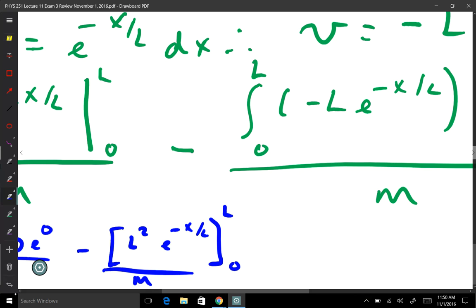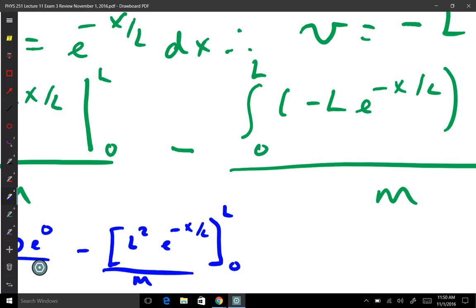When I put in those limits, the upper limit is L squared e to the minus 1, and the lower limit is L squared e to the 0.